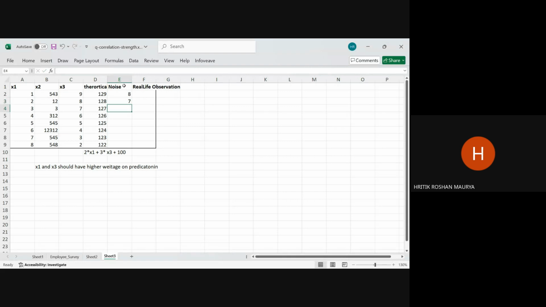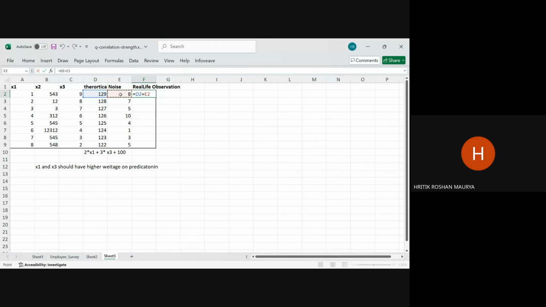Let's take the example. So the real life has the theoretical values.